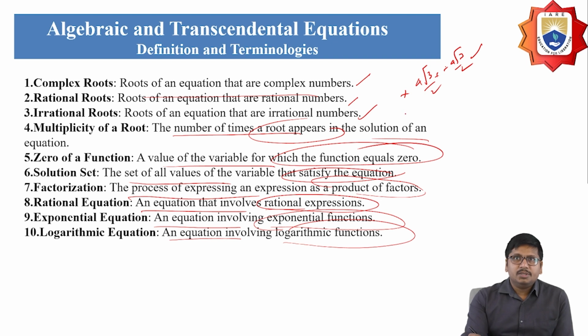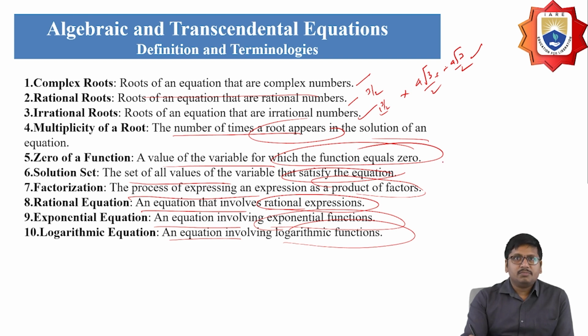And rational roots are of the form of rational numbers, and if they are irrational numbers, then I can say these are irrational roots. And multiplicity of the roots means the number of times the root appears in the solution of the equation.